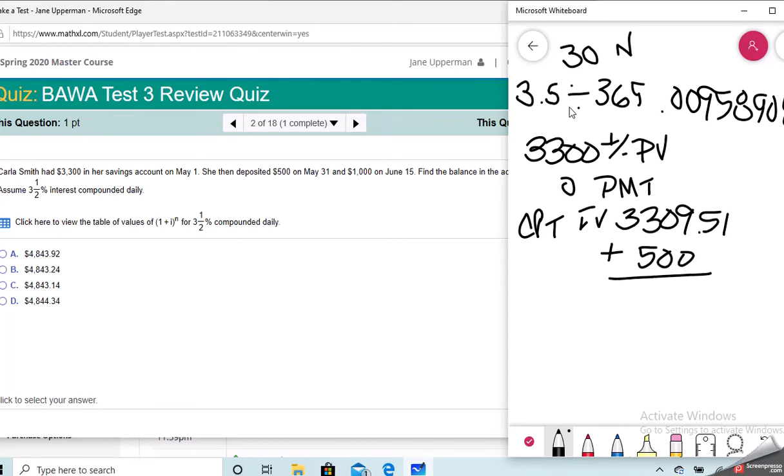So if I add $500 to that, my new present value is going to be $3,809.51. So then now if I come back up, let's see if I can erase that.